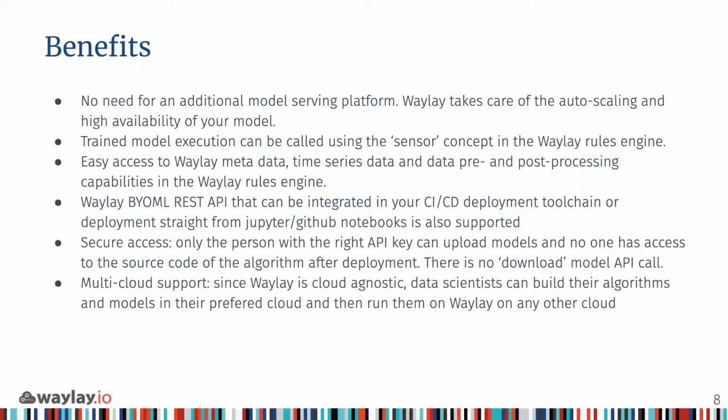Well, clearly you don't need an additional model serving framework like Azure ML or SageMaker. If you do all your development locally on your own cluster of machines or your own local PC, then it's actually quite beneficial for you to just be able to upload your model, and we take care of the auto scaling of your algorithm.